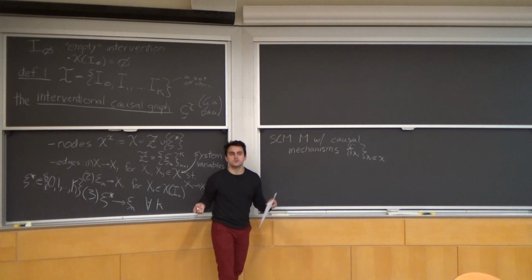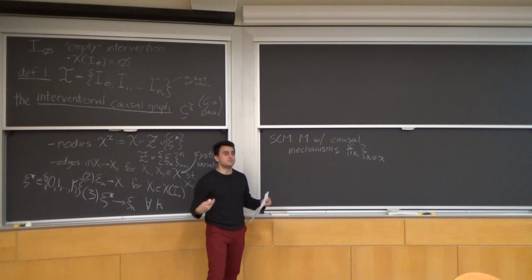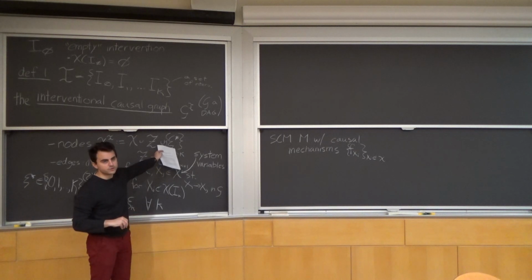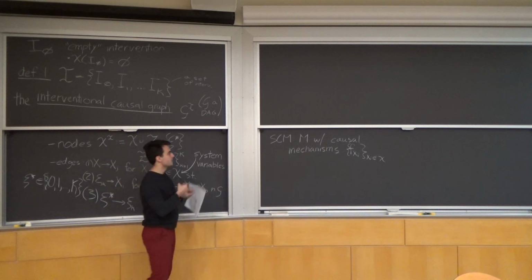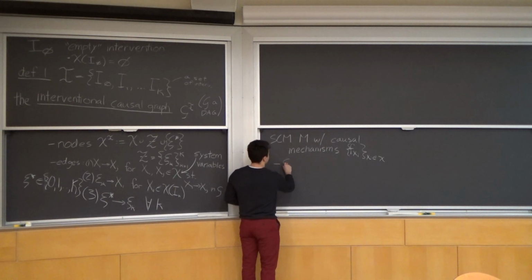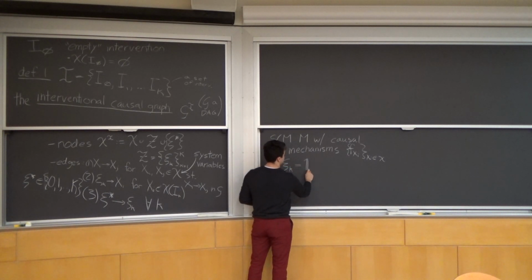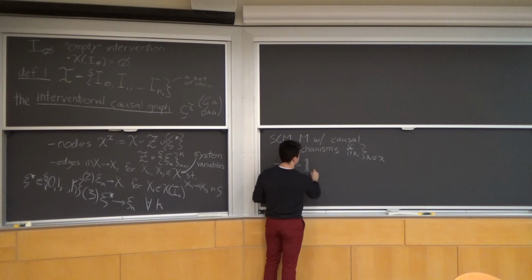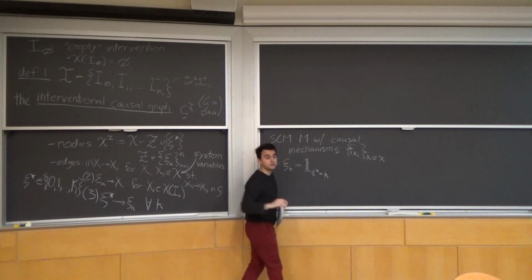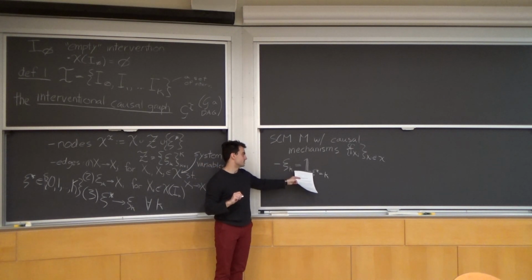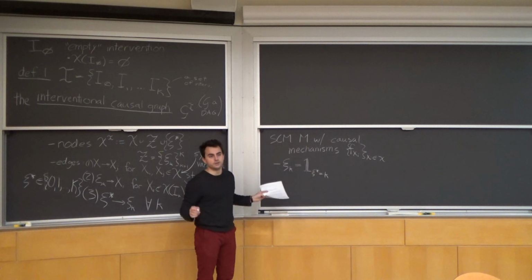Similar to the arbitrary choice on the intervention indicator, we have to put some arbitrary choice of distribution on this one. But the rest of it is not arbitrary: each of these intervention indicators just takes on the value 1 if the main one takes on the value k. So that's what encodes that only one of these can be one at a time, and if this zeta star is equal to 0, then all of the interventions are turned off.